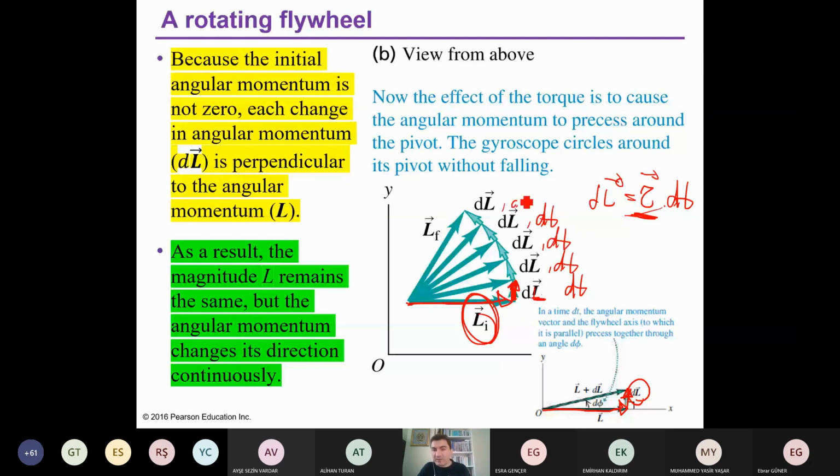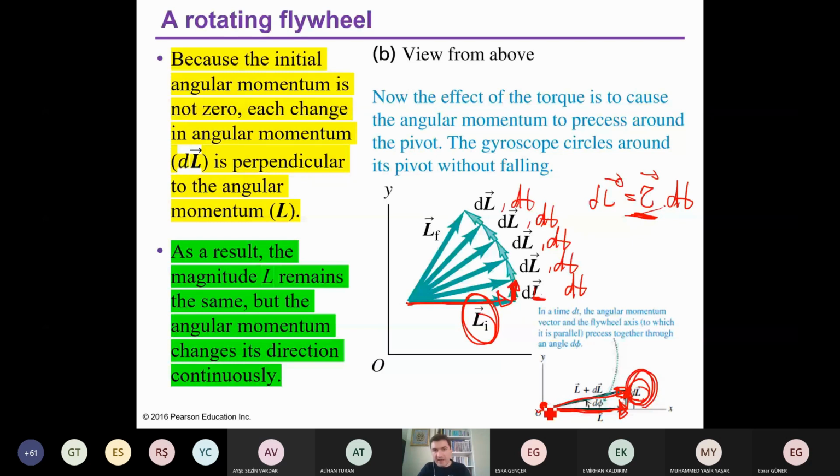Then what will happen? This was the initial angular momentum of the flywheel. Due to this dL, I will have this final angular momentum of the flywheel about this pivot origin O, okay? About this pivot. So what happens?